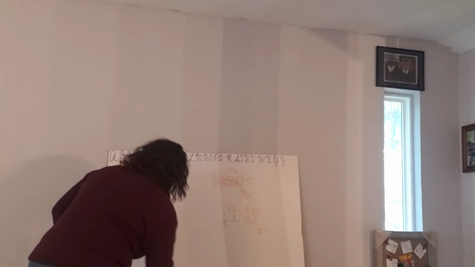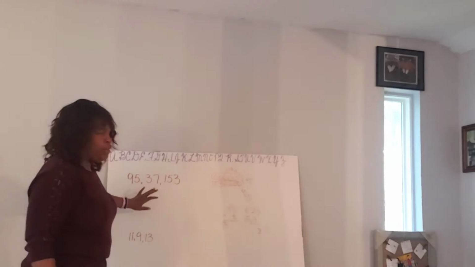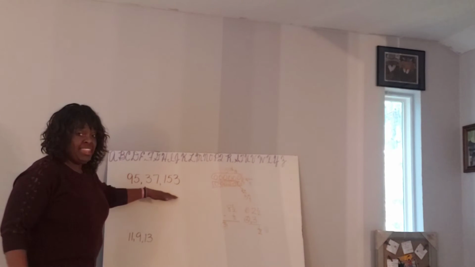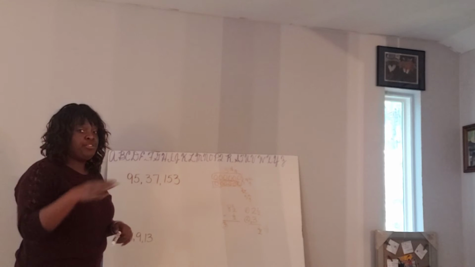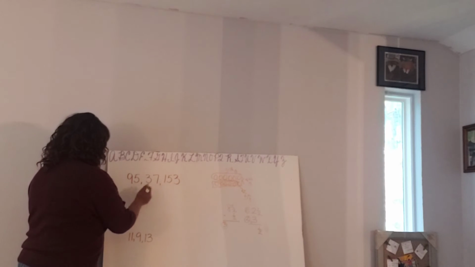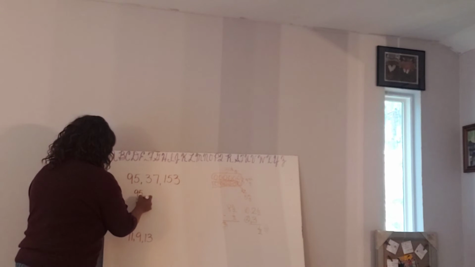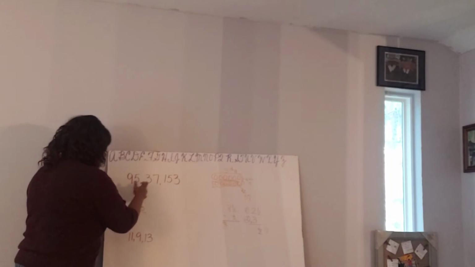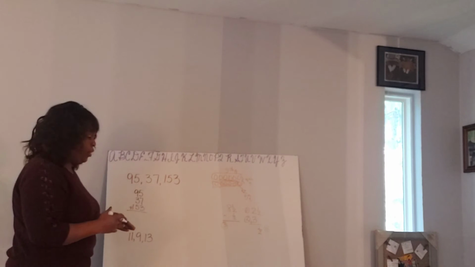But I also wanted to look, like I said, at our averaging, because a couple days ago you had the page where they had the average numbers like this, and some of you said, oh, you can't do it, and you just didn't do it. No. You take these numbers written this way and you write them going down. 95 plus 37 plus 153, and write them neatly so that they're in the proper place value, okay?